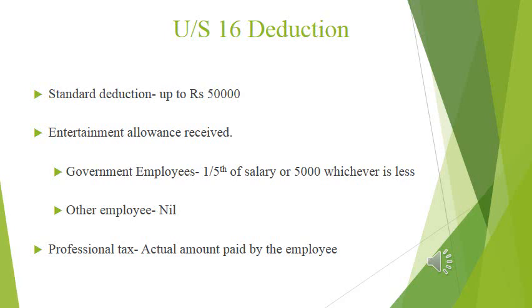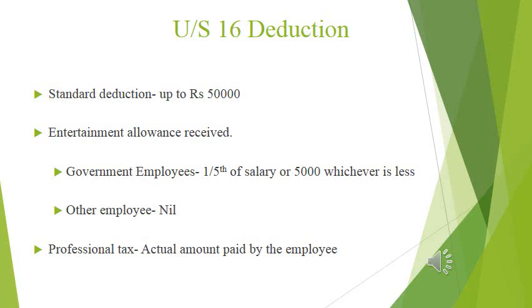I already told you that some clarification is required. This entertainment allowance is an allowance given by an employer to his employee. It is first included in the total income under the head salary under section 15. We already discussed chargeability.